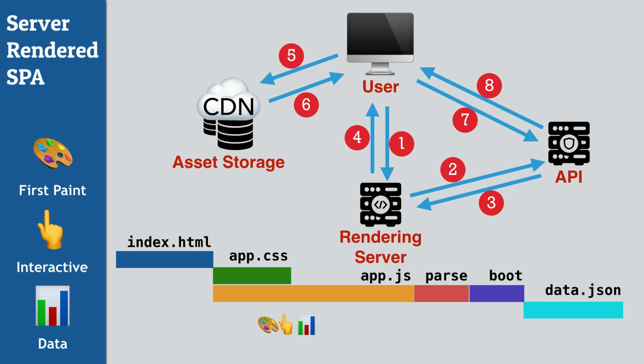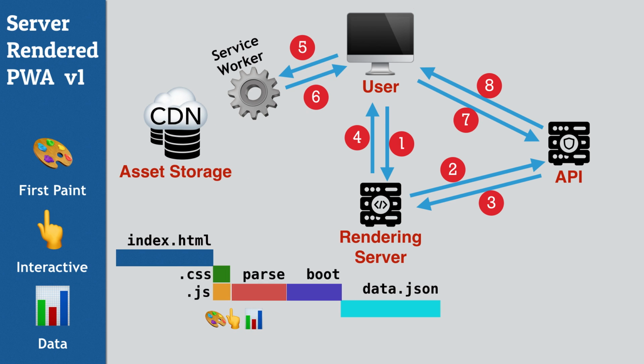In terms of what the introduction of a service worker does to our diagram, where we last left off, which was a server-rendered single-page app, essentially we can put it in between our CDN and our user, giving it the ability to apply any of the caching strategies we spoke about earlier in the event that we have data in memory.